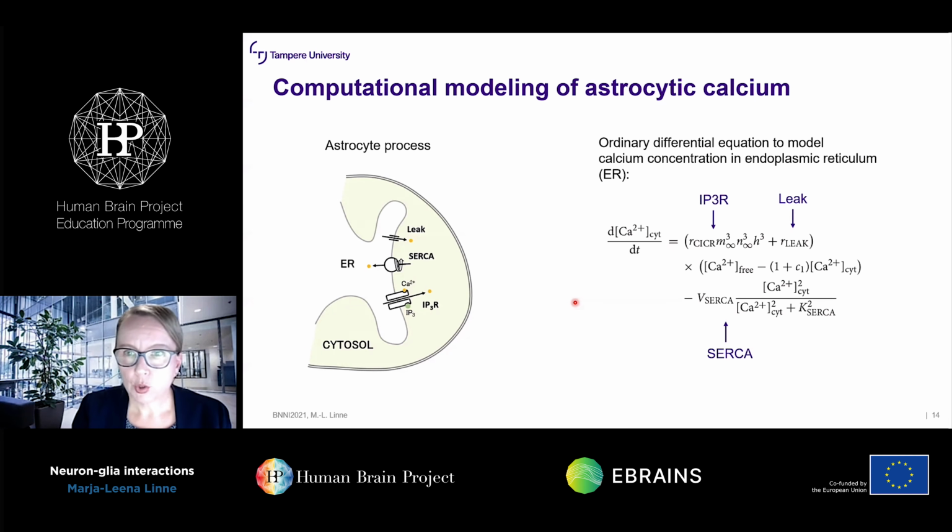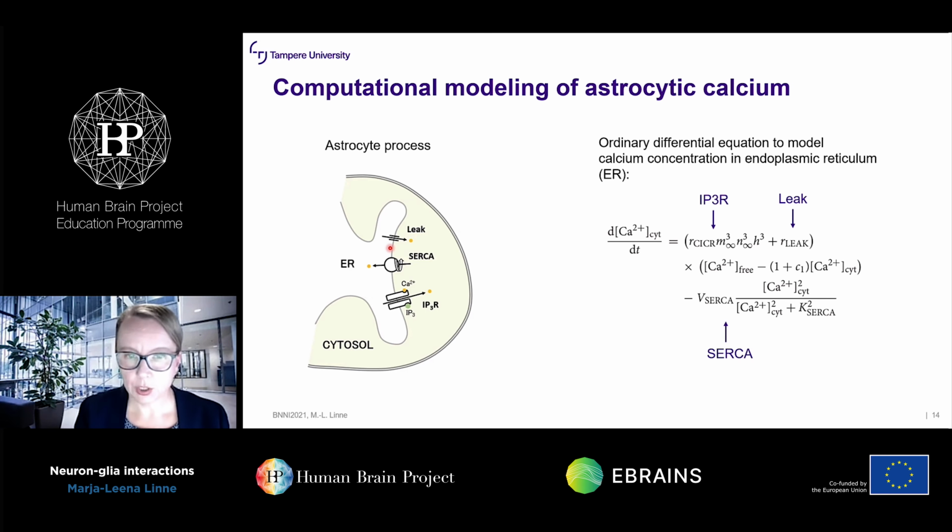I will take a short example of how to model astrocyte calcium. Consider that you have this astrocyte process, you have the cell membrane and then the cytosol and the endoplasmic reticulum that is known to be a big reservoir of calcium ions.